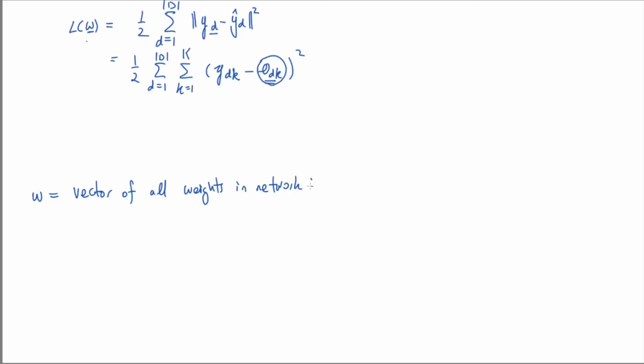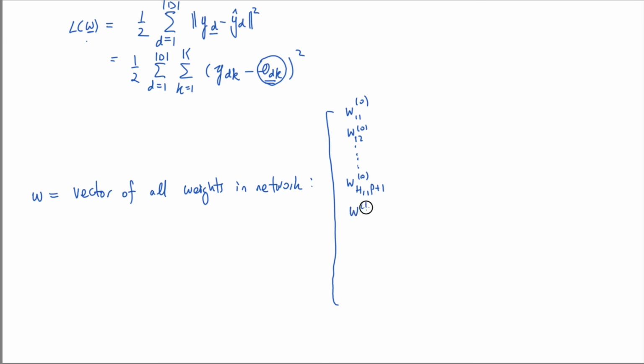So when we're talking about weights, the weights of the neural network are this gigantic vector, which is all weights in the first layer, everything from 1, 1, 0 to H1, P plus 1.